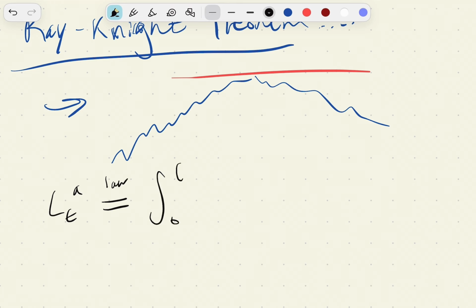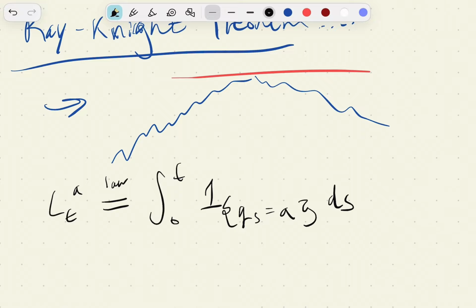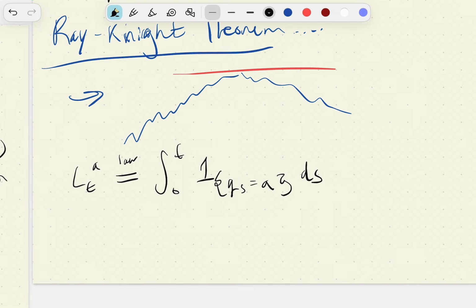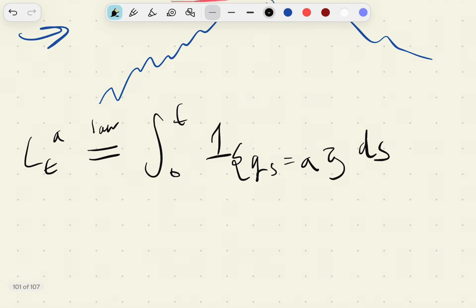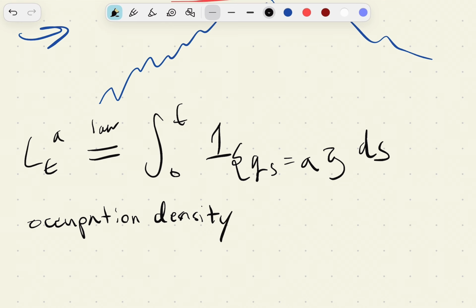It says that if we were to integrate from 0 to t over the indicator function of whenever q is equivalent to a, integrating with respect to s over that dummy variable, its occupation density will obey what's called a second order occupation density, or just the density.